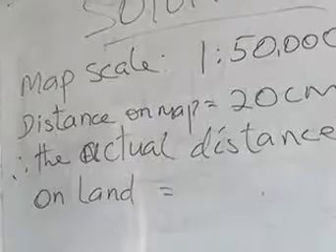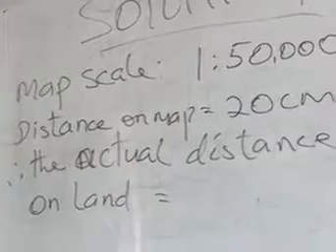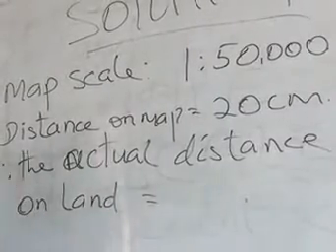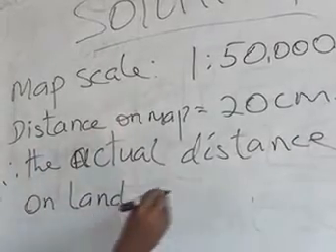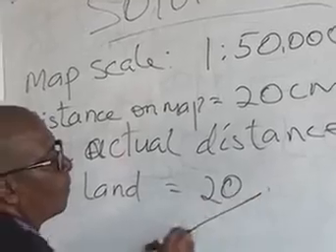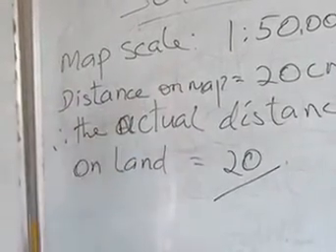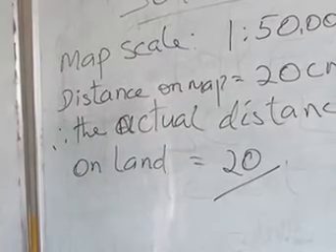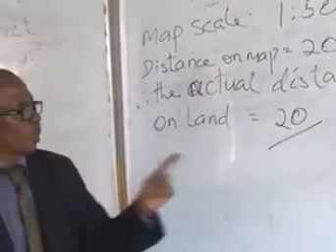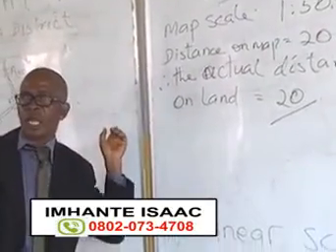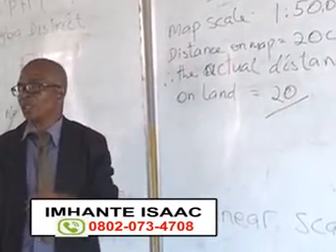Therefore, the actual distance on the ground equals the distance we measure, that 20 cm on the map, over the scale, that is 50,000, then times 50,000 all over 1.